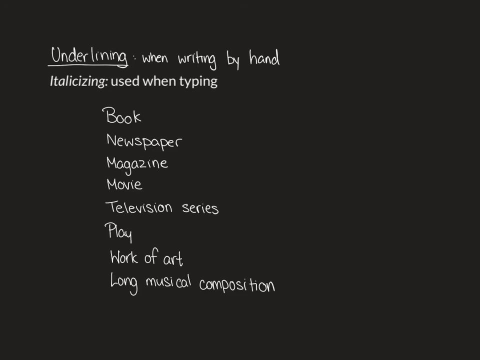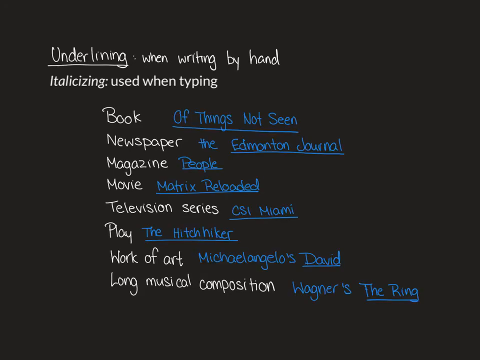Whereas quotation marks are typically used for shorter pieces, like a short story versus a book, underlining and italics are used for books, newspapers, and magazines. So instead of just the article, the whole newspaper or magazine. For movies, television series, so not just the episode, the play, a work of art, or a long musical composition. So instead of just a song, this would be a longer piece.